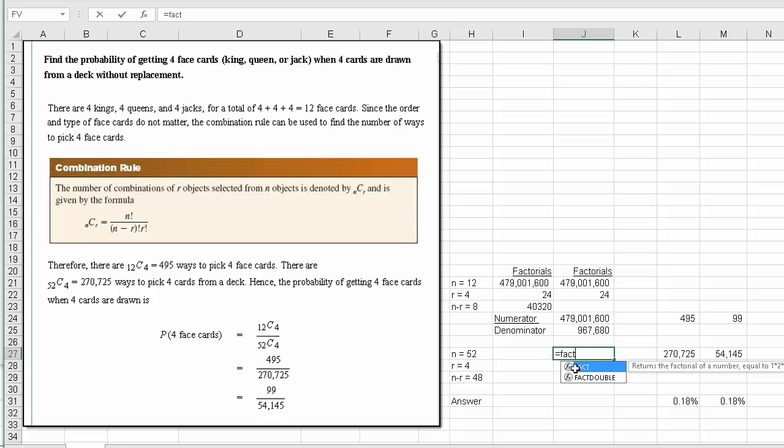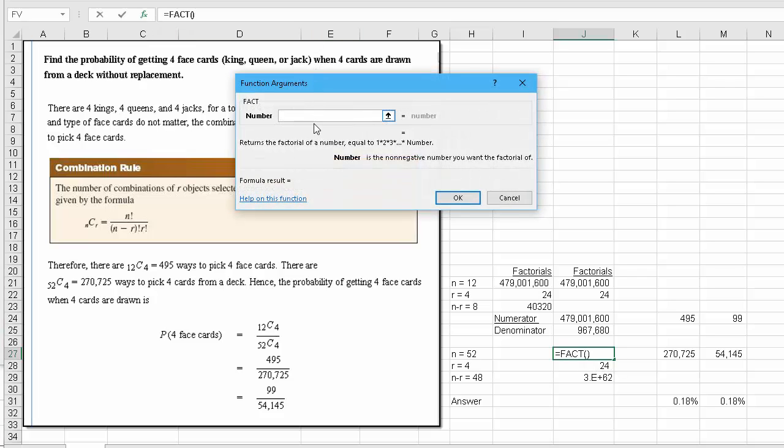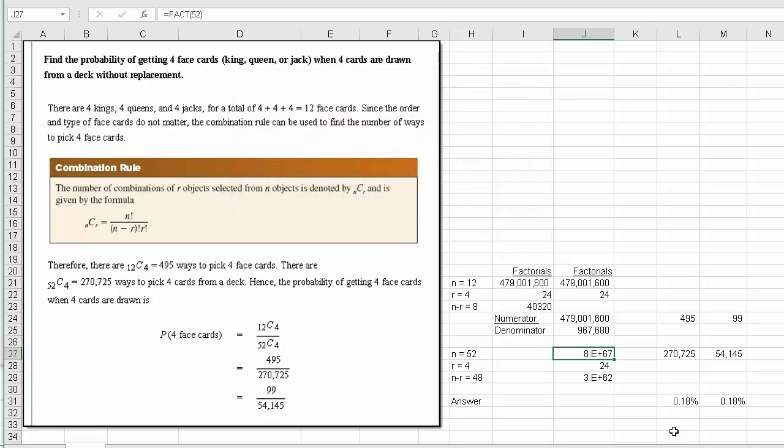Equals FACT. Hit the left parenthesis, then you can put in the number, or you can come up here and click on insert function. It'll pop up a window and give you a little bit of an explanation. We put in the number that we need, 52, total number of cards in a deck. And now we're expressing the answer, or the preliminary calculation anyway, in scientific notation, because that's a huge number, right? That would be 8 times 10 to the 67th.